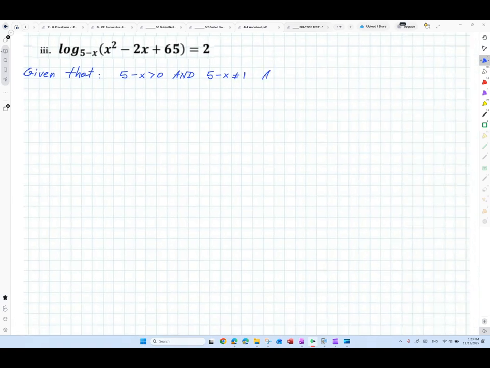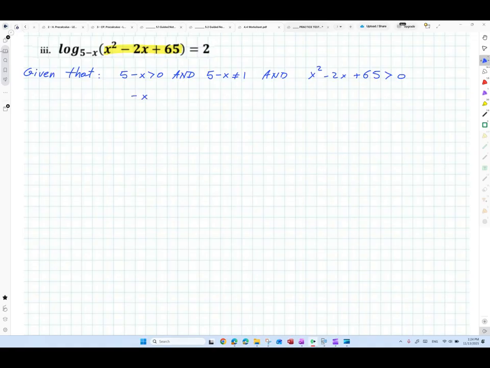And I will have another inequality, which would be this one here. x squared minus 2x plus 65 has to be greater than 0.